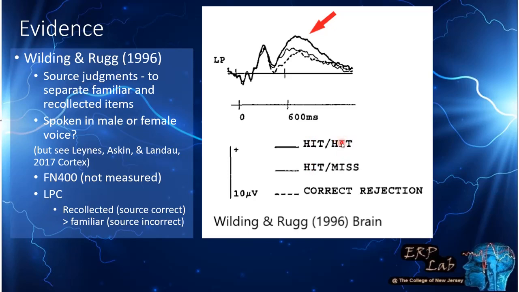So in this case, they got the source correct. In this case, they did not. And what you see here is a greater LPC for accurate source recollections than inaccurate source recollections. The idea is that if you can remember the source, you can recollect a particular detail, and therefore the LPC is associated with recollection.